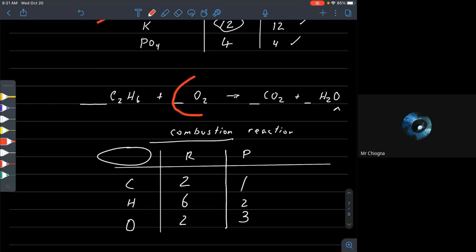Save the oxygen till last. If you have a single element, balance that last, especially if it's oxygen. That's one trick that works. I usually try to balance the carbon first. Don't forget to add up all the oxygen.